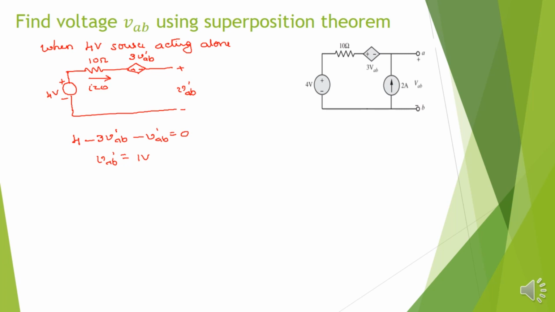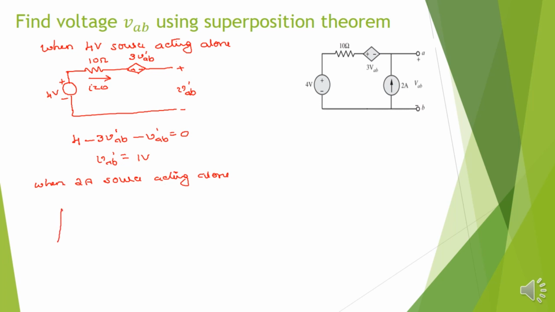Now next, when the 2 amp source is acting alone, what happens to the circuit? So this becomes a short.